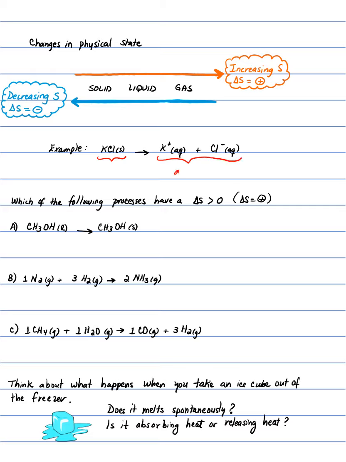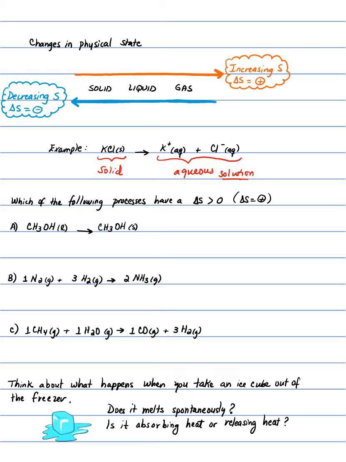So this is an aqueous solution where the ions are dissolved in water, and you're starting with a solid. So you're going from something that is organized, your solid, to something that is less organized, which is your aqueous solution.